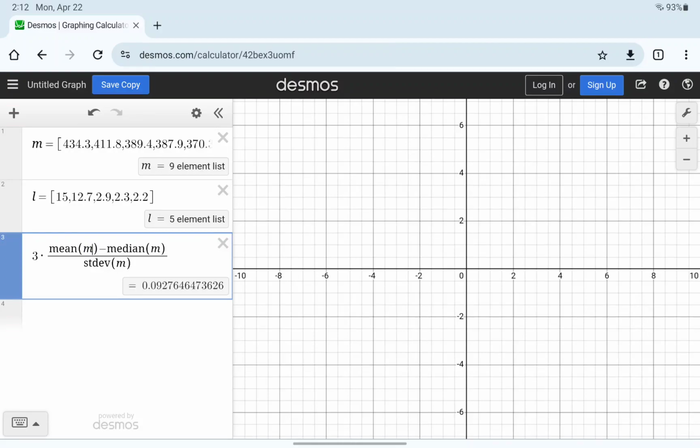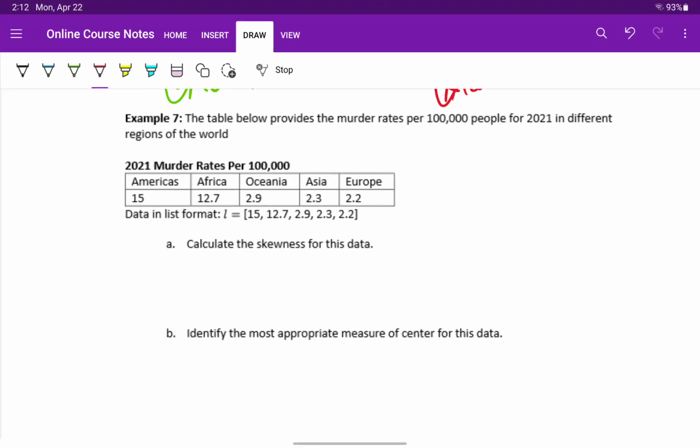Now what I'll do is just update the data set that I'm calling on, so that I'm calling on this L data set instead of M. And we get 1.964. This is clearly larger than +1, meaning that we have right skewed data.